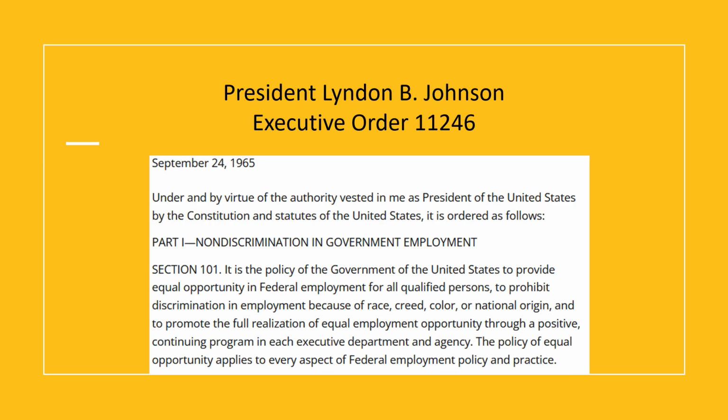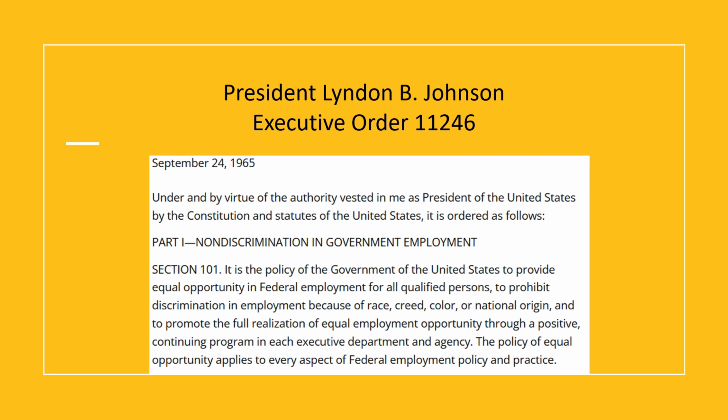Now we're going to focus our attention on Executive Order 11246. Executive Order 11246 was signed by President Lyndon Johnson on September 24, 1965. This particular executive order focuses on enforcing the Civil Rights Act of 1964.